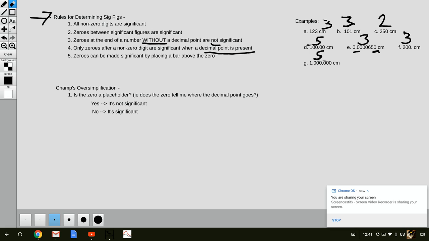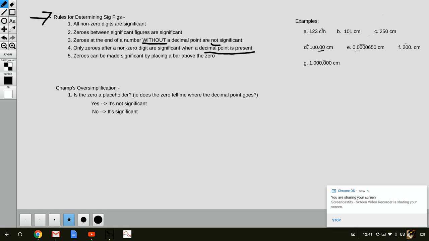Now, if we're looking at the Champ oversimplification, it basically comes down to one question. There's less that you have to know, but you have to think a little bit more. If you use the rules, you have to know more, but there's not as much thinking. So let's talk about the oversimplification.